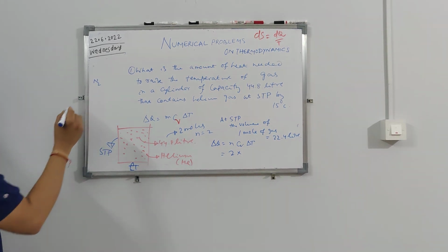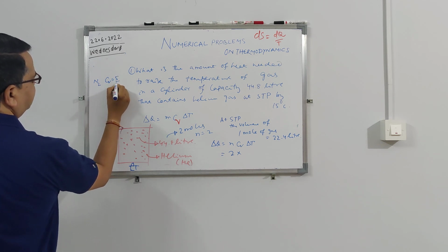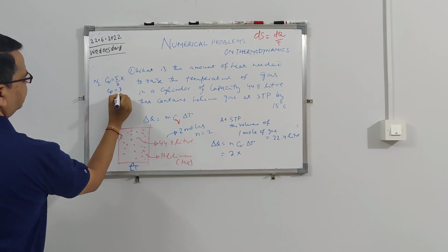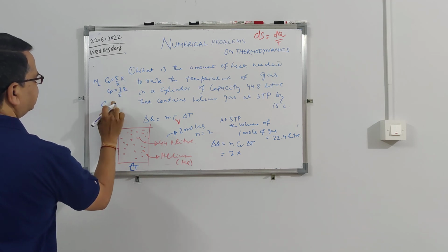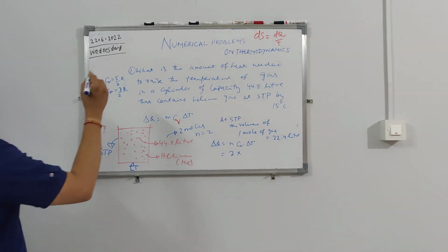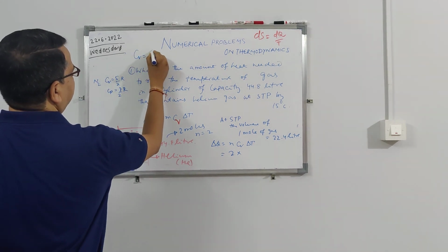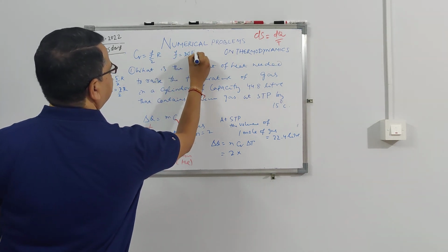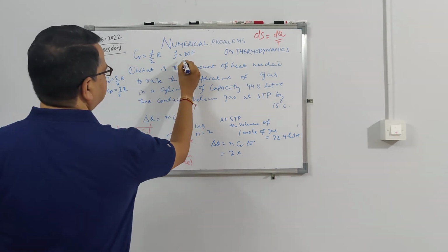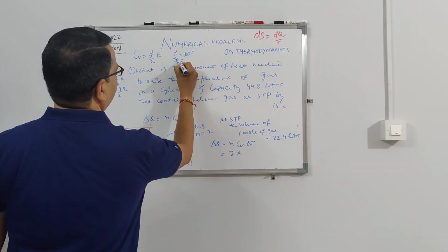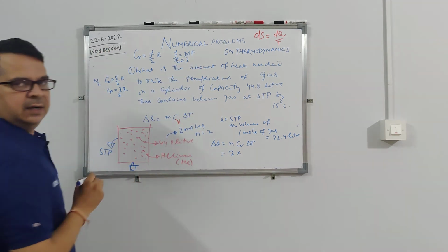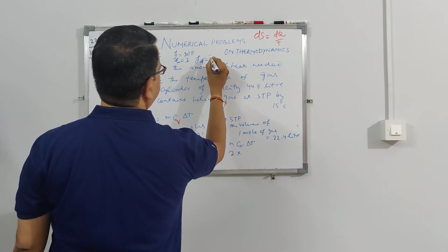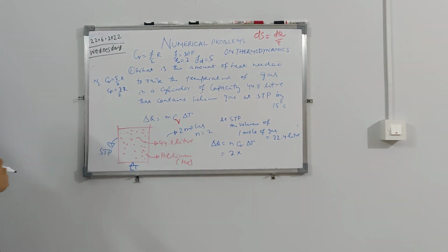So for nitrogen, Cv is equal to 5 by 2 R and Cp is equal to 7 by 2 R. Normally we have discussed that Cv is equal to f by 2 R, where f is the degrees of freedom. For monoatomic gas, f is equal to 3, but for diatomic, f is 5.